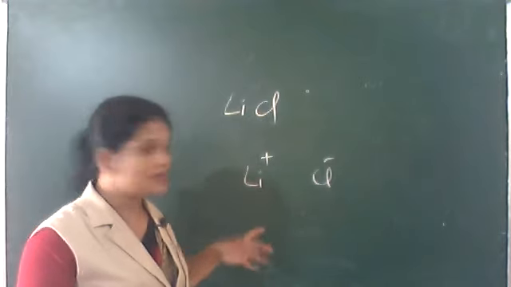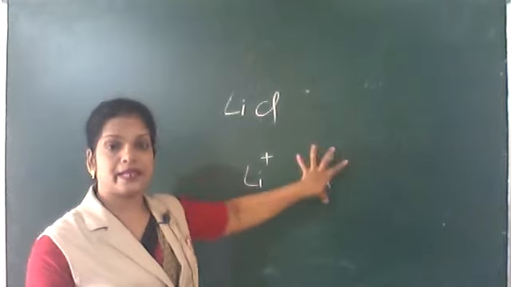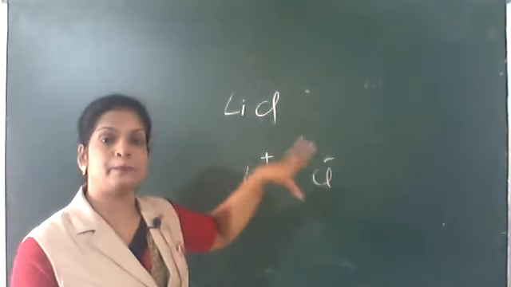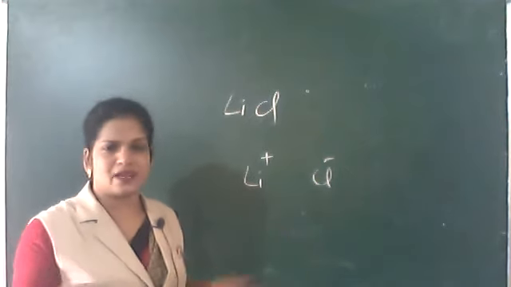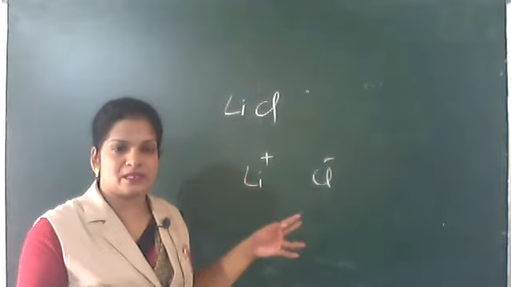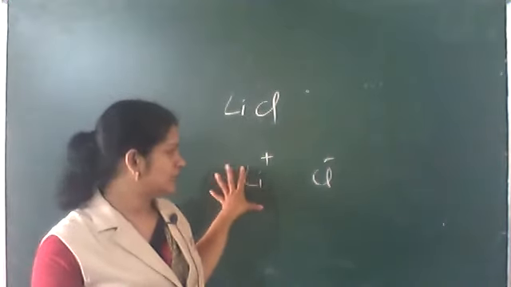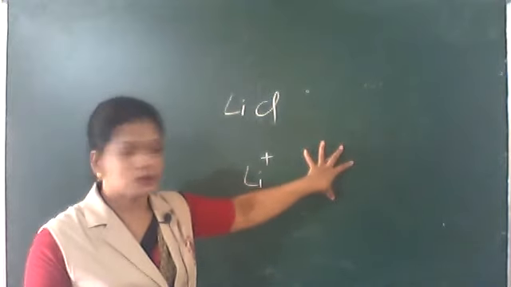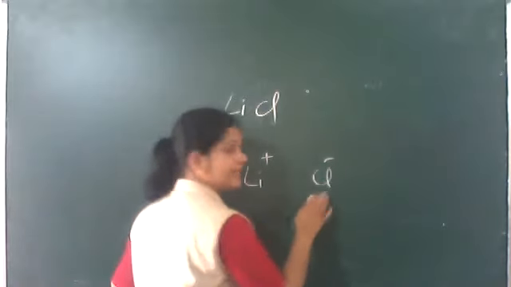Polarizing power means it is able to polarize the other atom. If the other atom is bigger, then the outermost electrons are not attracted by the nucleus, so this can easily distort that bigger atom. So distortion is more if the anion is bigger.